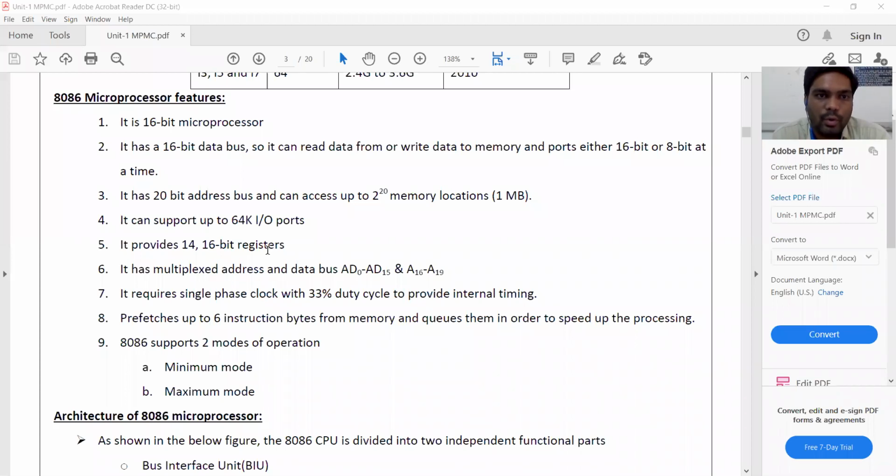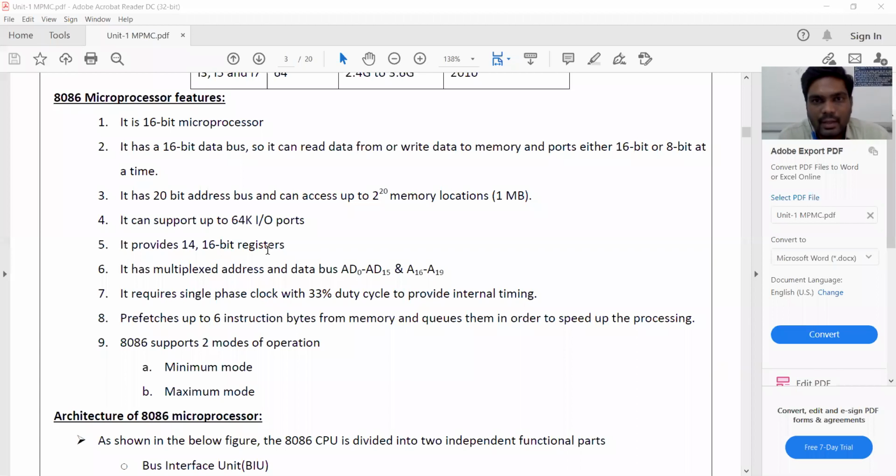So what do these ports do? They provide exchange of information between the microprocessor and other external devices. Hope my point is clear. In a computer, you will not have only a single microprocessor, or the single microprocessor cannot do all the functions. It can help other devices to perform functions, but it itself cannot perform all of them.